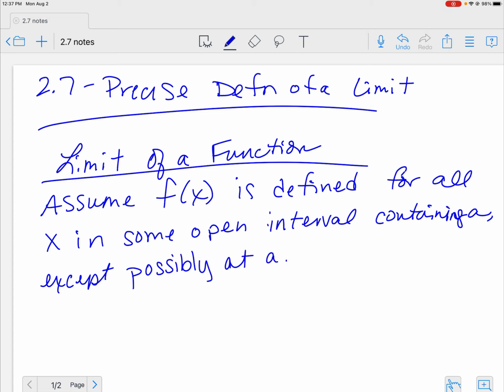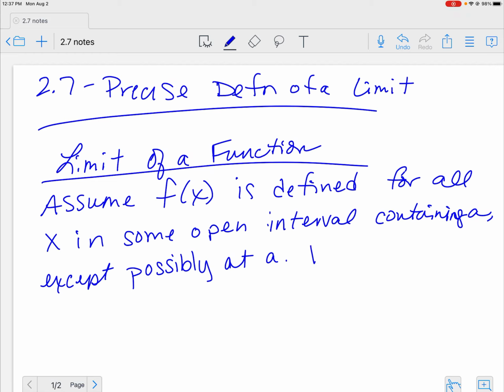Now, this is not new information. This is everything we've been talking about in terms of limits already. You get exceptionally close, right up next to it. That makes a limit. It's what it's approaching, except maybe not at the value. It can be at the value, that just means it's continuous, but it doesn't have to be.